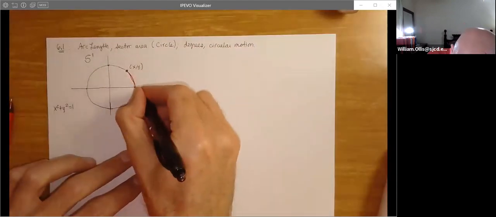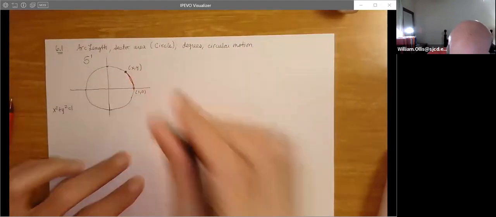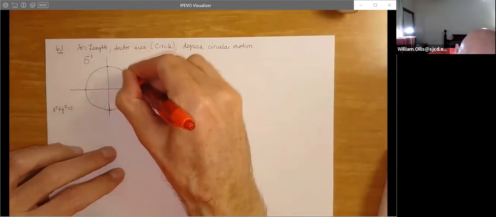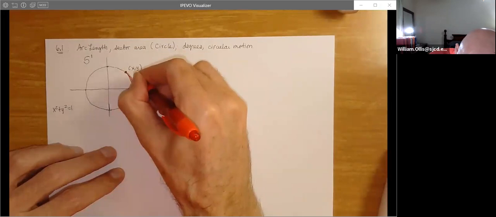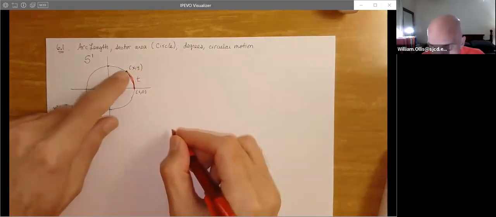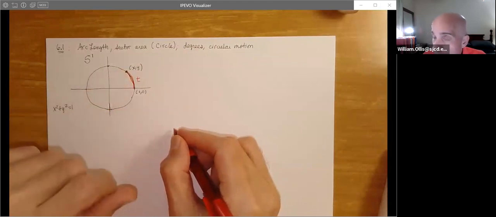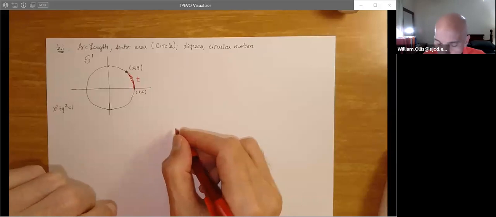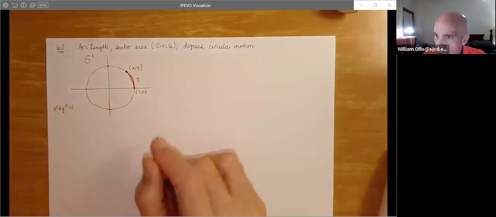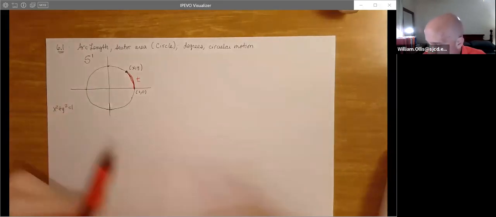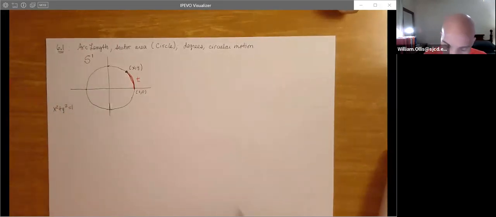Let me just mark this off. Excuse me, 1, 0, not 0, 1. And we've been calling this distance by the letter T, just for convenience. And then of course we call the x coordinate of the terminal point x, and the y coordinate of the terminal point y. And of course we call those cosine T and sine T respectively.